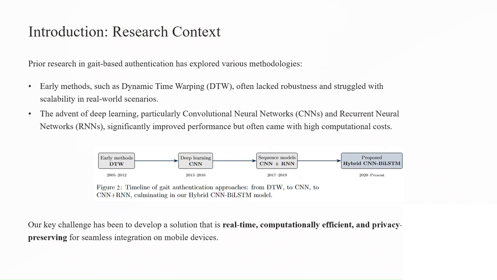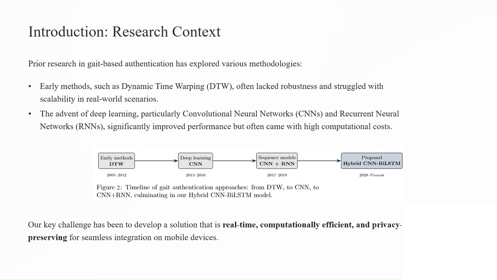Historically, gait recognition started with DTW, dynamic time warping. You can see in figure 2, it worked for small datasets but wasn't robust. Around 2013, CNN-based methods improved feature learning but were limited in temporal modeling.